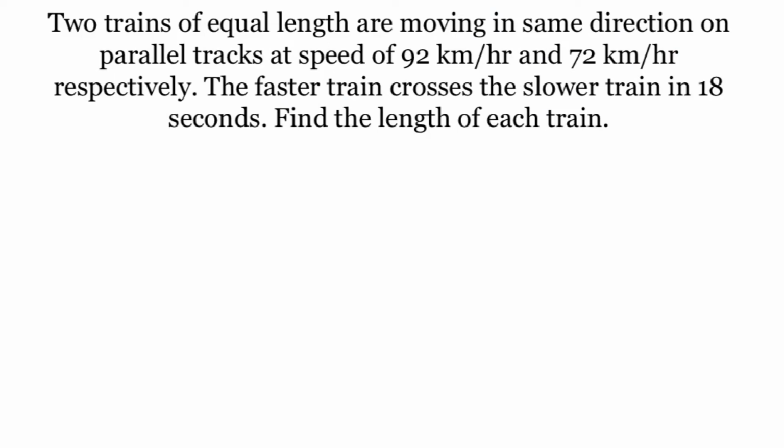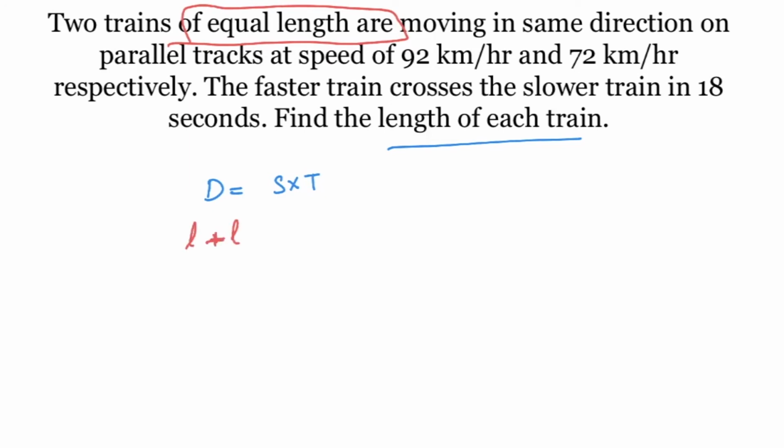Two trains of equal length are moving in the same direction on parallel tracks at speeds 72 kmph and 92 kmph respectively. The faster train crosses the slower train in 18 seconds. Find the length of each train. Length of each train means distance is required. Distance is speed into time. Here distance covered is lengths of trains, but the two trains are of equal lengths. Assume both the lengths are L, and L plus L meters is equal to speed.